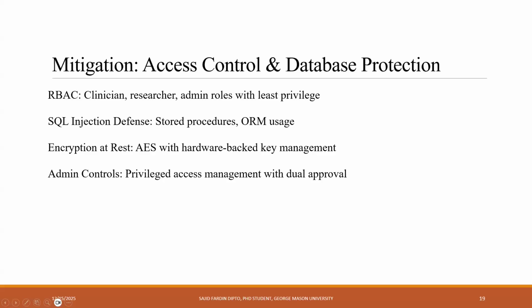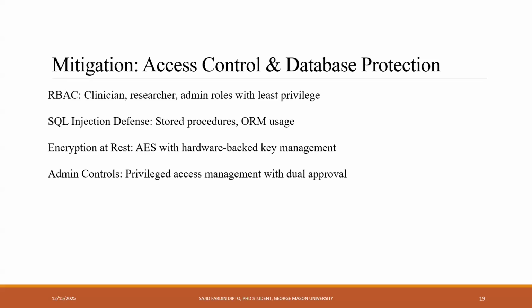And in case of access control and database protection from the data flow diagram, we can control access with role-based access control with clearly defined roles for clinicians, researchers, and administrators. And in case of SQL injection on the database, we can use something like object-relational mappers. This can prevent attackers from injecting malicious SQL commands.